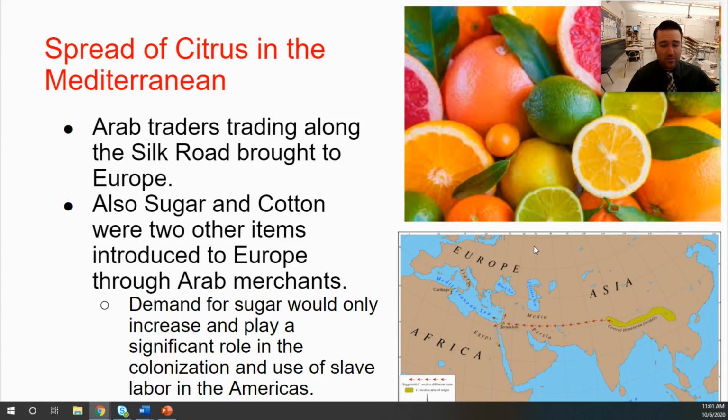The Europeans do not travel across seas to explore and colonize if it wasn't for citrus, because it helps sailors fight off scurvy. Other products that come about through this introduction to Europeans by Arab traders would be sugar and cotton. Sugar especially is something that the Europeans are going to very much highly desire, and they just can't get enough. I mean, sugar is honestly more addictive than cocaine.